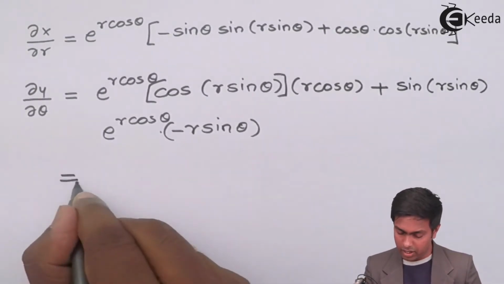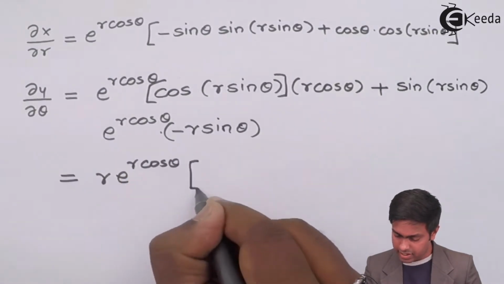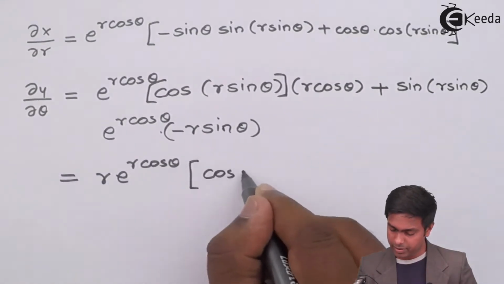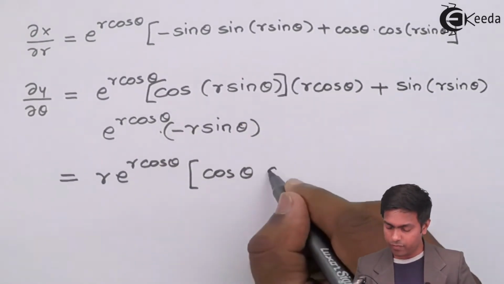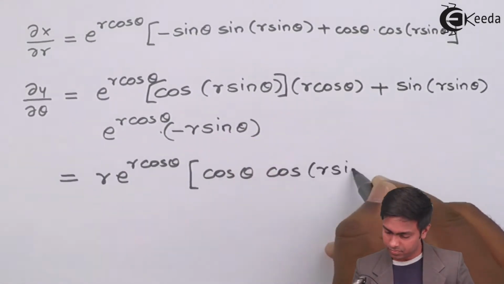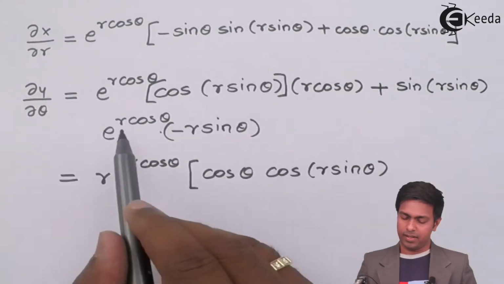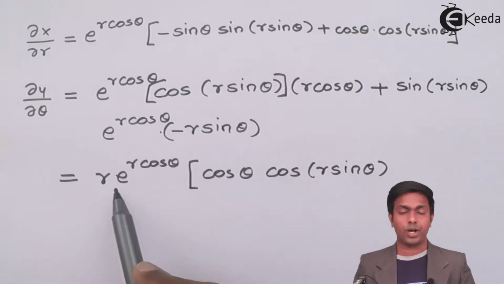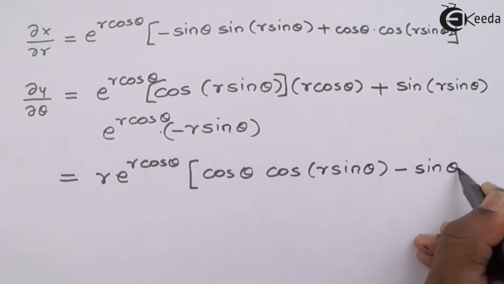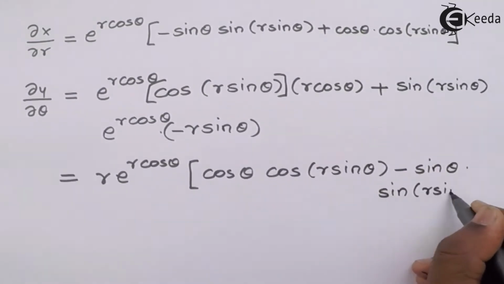So we will get r e to the power r cos theta outside, and in the bracket from here cos theta will remain and cos of r sin theta will remain. Similarly from here r and e to the power r cos theta outside, so negative sin theta is there into sine of r sin theta is there.